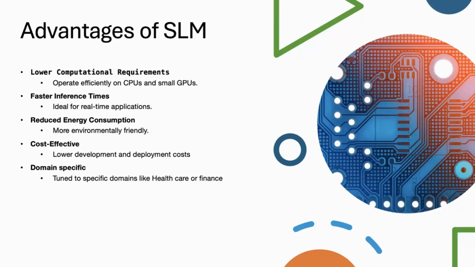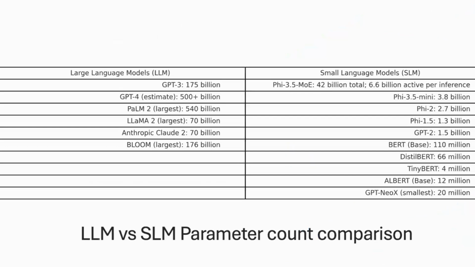You don't have huge inference time. Small language models are anywhere less than 10 billion parameters when compared with large language models. If you see here, GPT-3 has 175 billion parameters, and a smaller language model like Phi-3.5, which is a model from Microsoft.